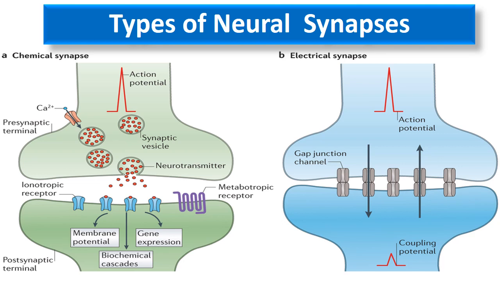These electrical synapses are commonly found in smooth muscles and in the cardiac muscles. In the nervous system, there are very few electrical synapses, and they are not yet so much discovered, but most common synapses present in the neural synapses are of the chemical synapse type.